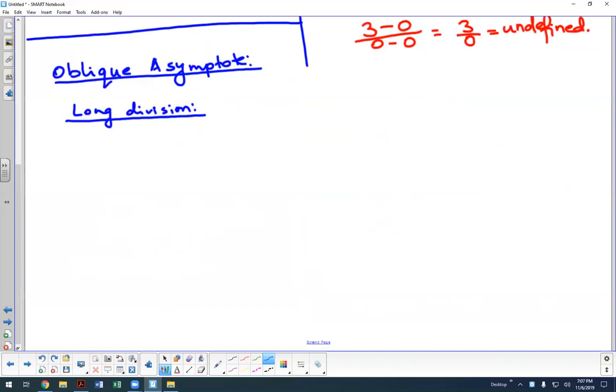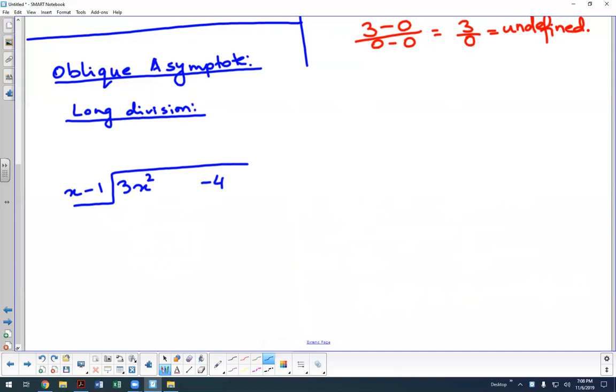Okay, so we're dividing 3x squared minus 4. And you know what? I'm actually going to leave space for our missing term. So that's 3x squared minus 4, and we're dividing this by x minus 1, because that was our denominator.